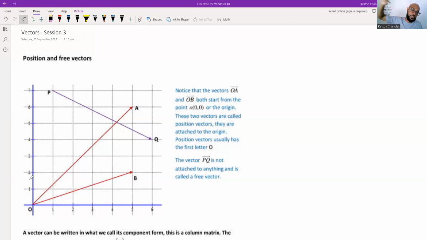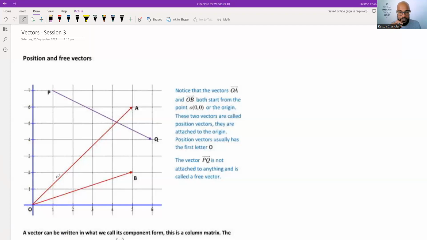They could go to the right, as A and B are going, or this way, or down, or this way. It doesn't matter. So long as they start from that origin, we call them position vectors, all right?